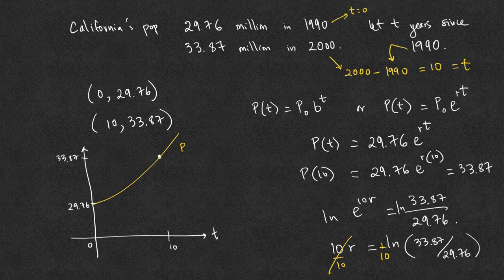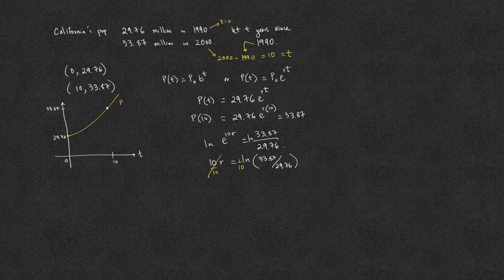Using a calculator, we get r to be approximately 0.0129. We want to keep as many decimal places, at least 4, because an exponential model is very sensitive to small input. Small changes can give us a very large difference.